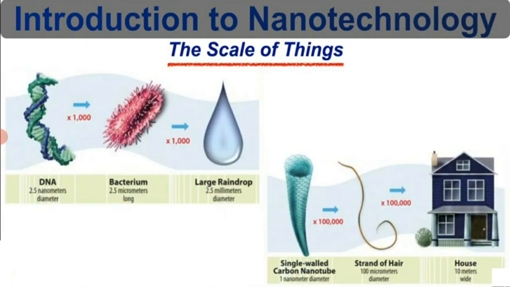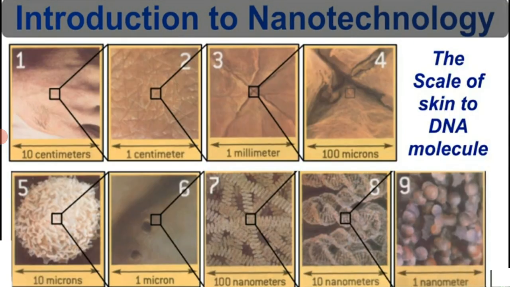This is the scale of things: DNA, bacterium, large raindrop, single-walled carbon nanotube, strand of hair and house. The scale from skin to DNA molecule: first 10 centimeters, this is the hand, next 1 centimeter, then 1 millimeter, fourth 100 microns.